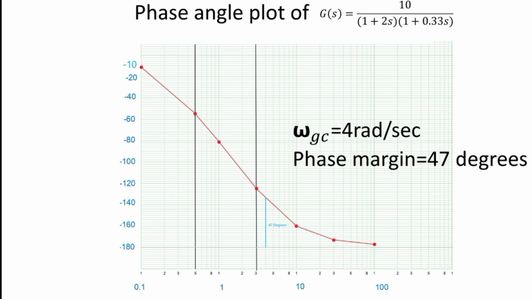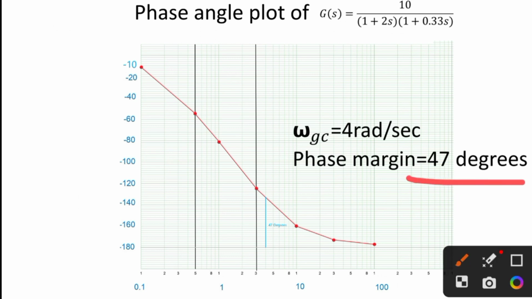So if you plot this phase angle, you can calculate the phase margin as 47 degrees. Similarly, theoretically also you can calculate the phase margin from the phase angle formula.